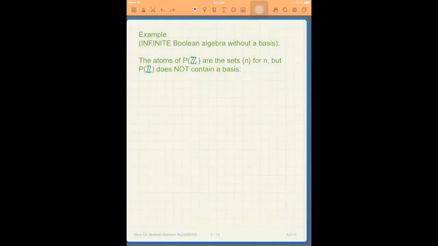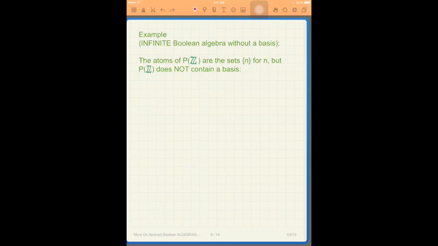An example here: if we have an infinite Boolean algebra, it's not going to have a basis. Take the atoms of the power set of the integers.